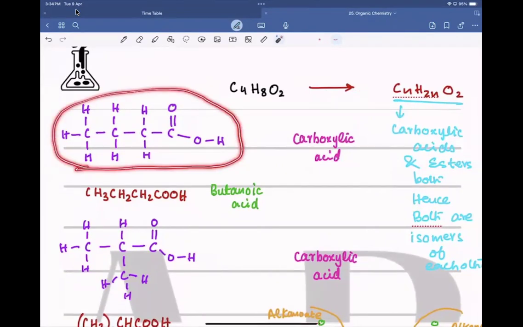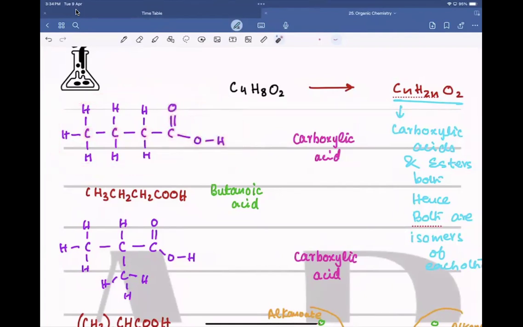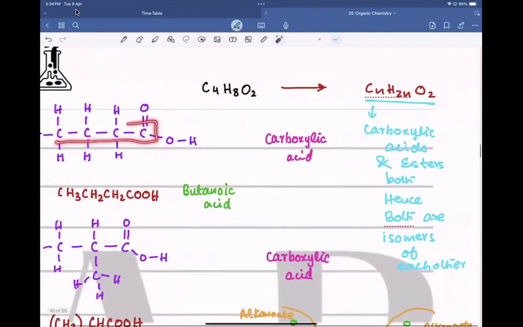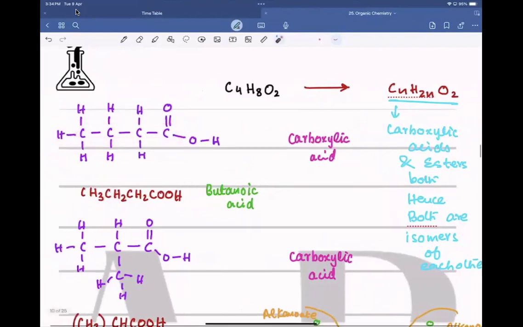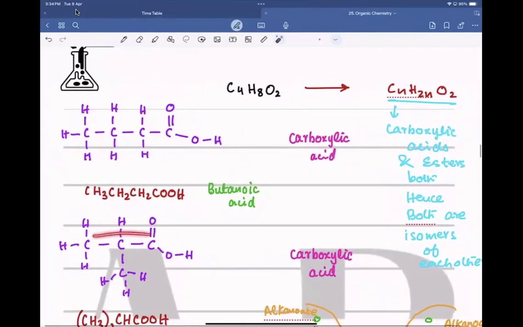There are 4 carbon atoms and one carbon has a C double bond O and OH group. So it's a carboxylic acid. Is this clear? And it's a straight chain carboxylic acid. So how to make this isomer? See what I did? I keep 3 carbon atoms in the chain and put 1 carbon atom in the branch and make this carbon the functional group.